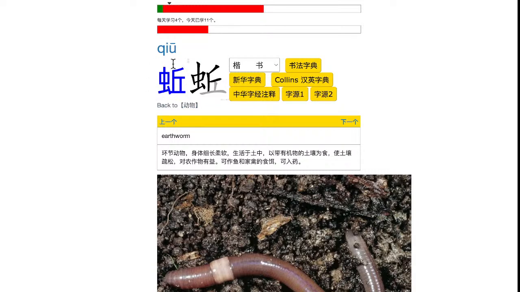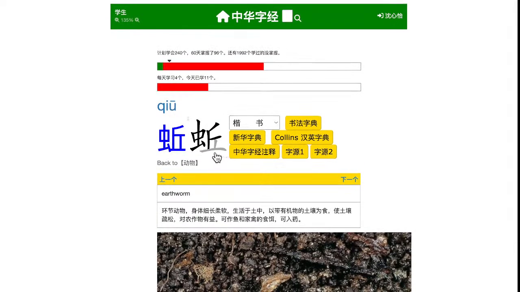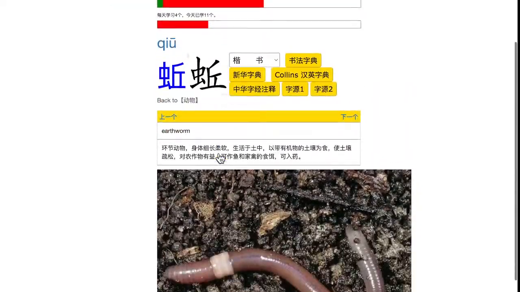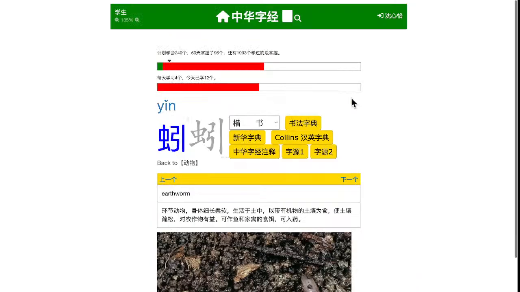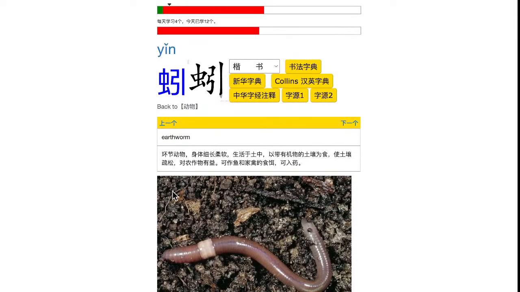On the right-hand side, the character is pronounced as 蚯 to represent its pronunciation. So basically, this refers to earthworm. And the 蚓, the 虫 is the left part, and the other part on the right represents its pronunciation. So 蚯蚓 structurally means earthworm.